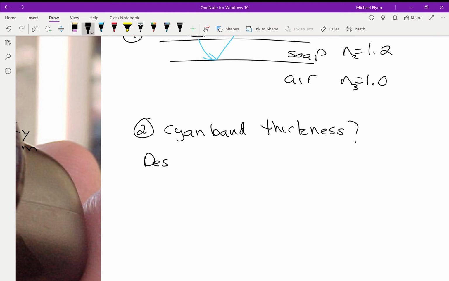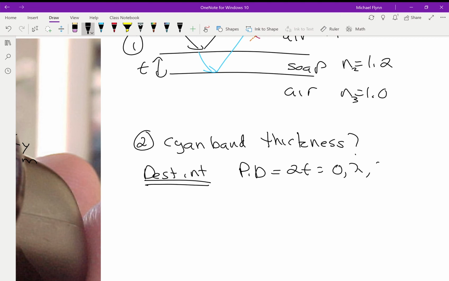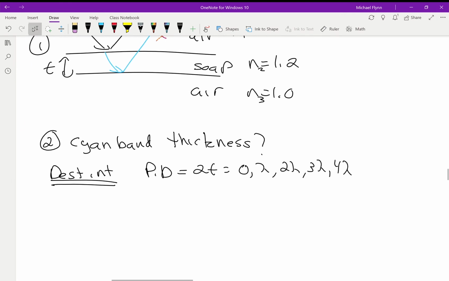So we'll note that destructive interference will occur because one wave is inverted and the other one is not. They're out of phase to start with. So destructive interference will occur when the path difference, which is again equal to 2t, is equal to 0, 1 wavelength, 2 wavelengths, 3 wavelengths, 4 wavelengths, and so on.